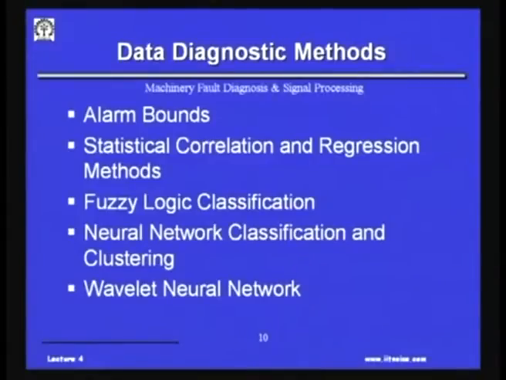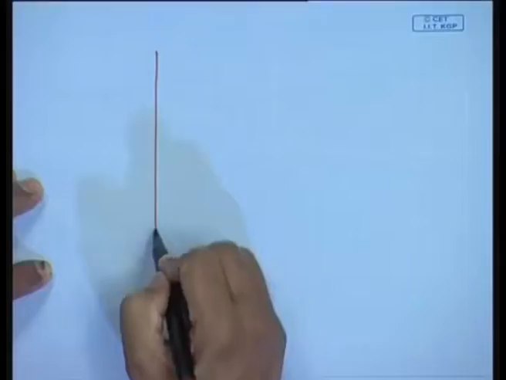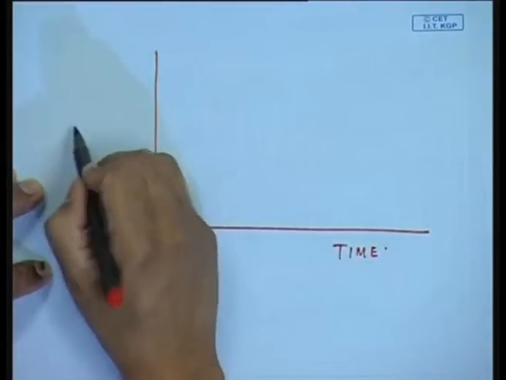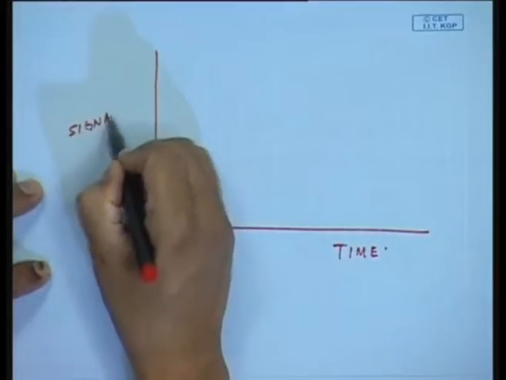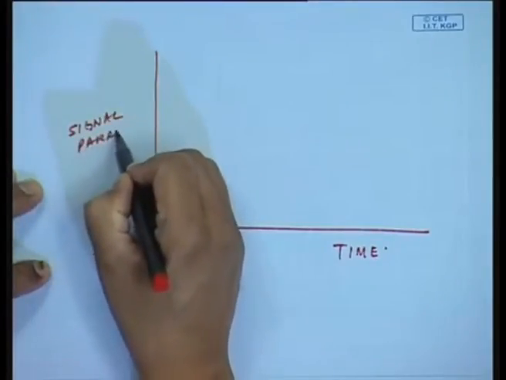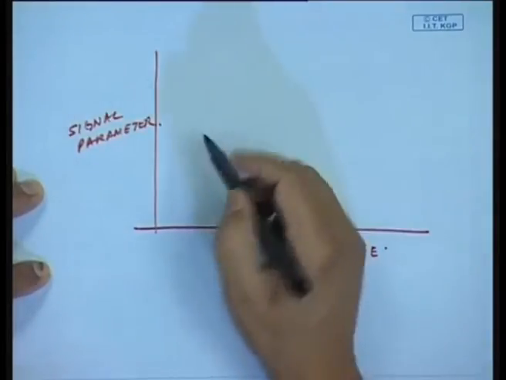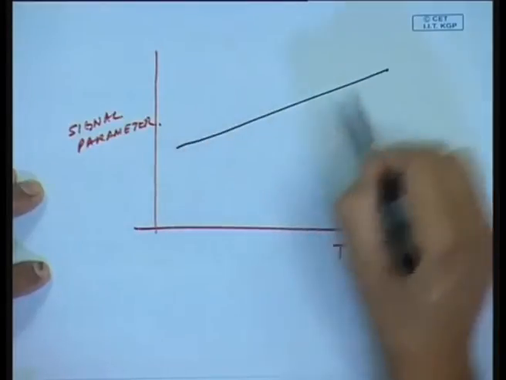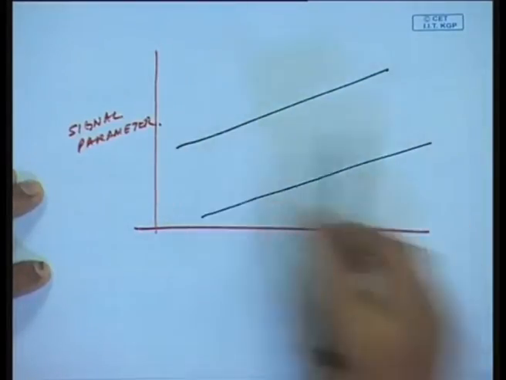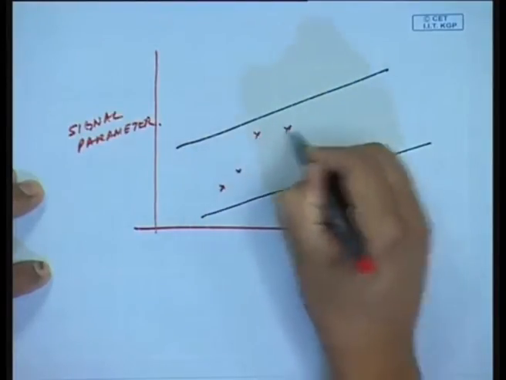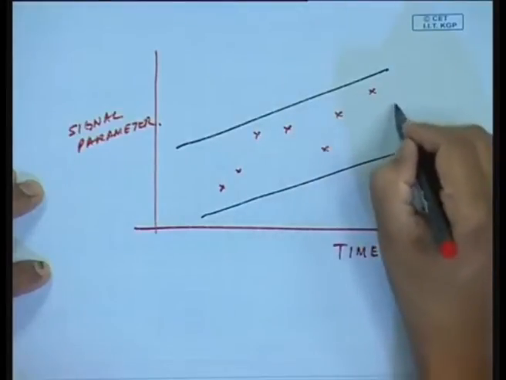And for these data diagnostic methods, there are many ways by which the data can be diagnosed. One simple way is, say for example, with time we have a certain signal parameter which we are monitoring. I know with time these are my upper and lower bounds.